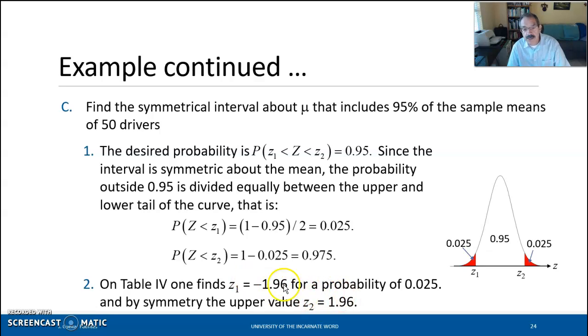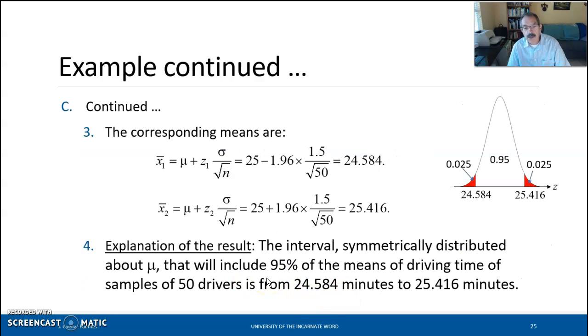Once you have the two z values, we use these formulas to find the corresponding x value. This is the same procedure that we learned in chapter 6, except that we're now using the standard error of the sampling distribution, which is the standard deviation of the population divided by the square root of n.